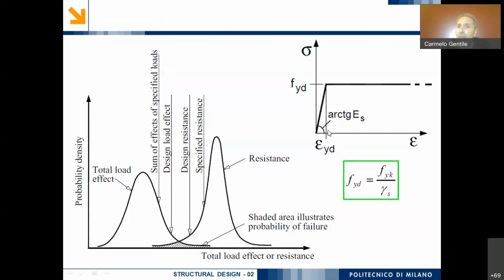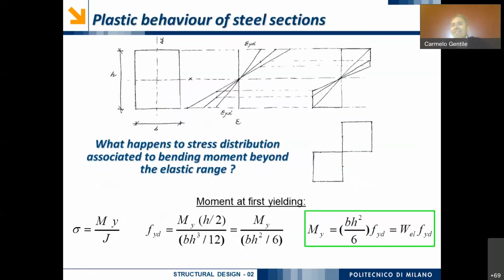So while the strain can exceed the value of the strain at yielding, the corresponding stress does not exceed the value at yielding. So this is a first aspect needed to understand the behavior of a cross section beyond the elastic range.